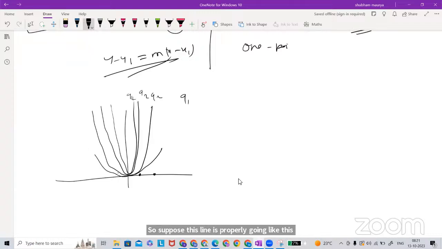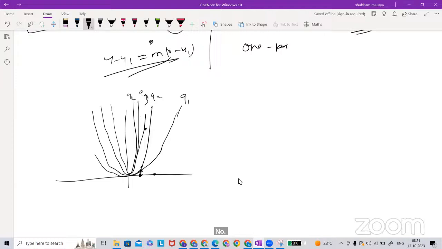Suppose you take a point here. For Q1, if you substitute the value, you will get a value here. For Q2, you will get it here. For Q3, you will get somewhere here. For Q4, it is going to be more than that.